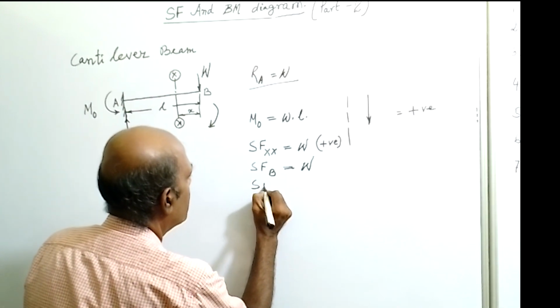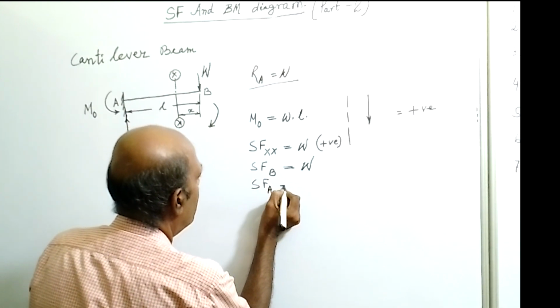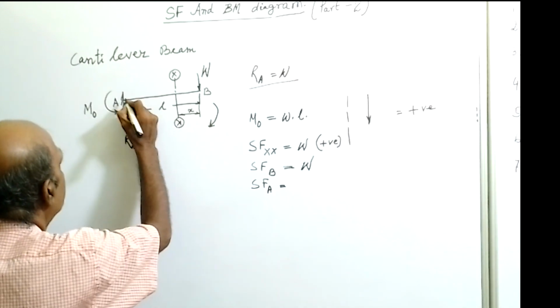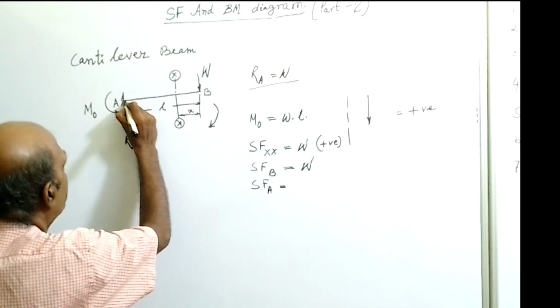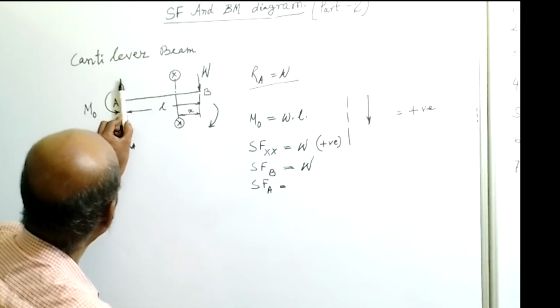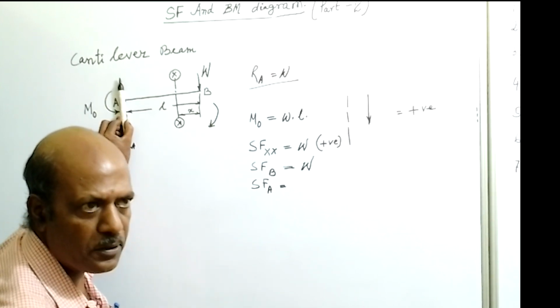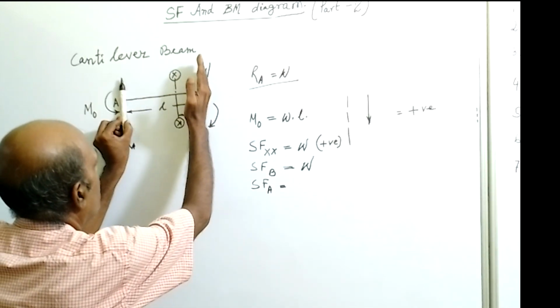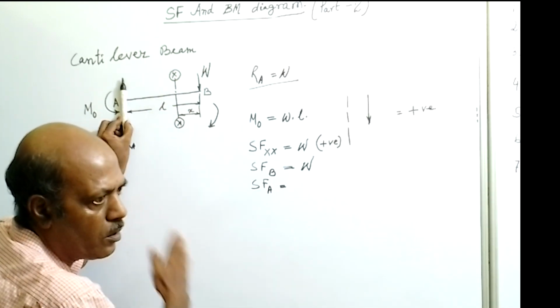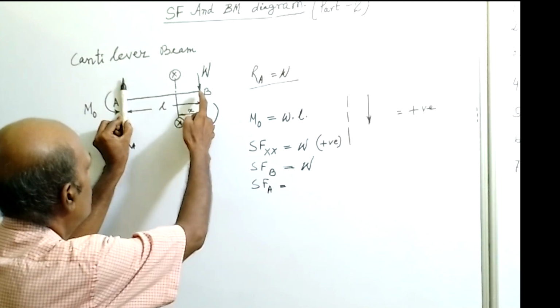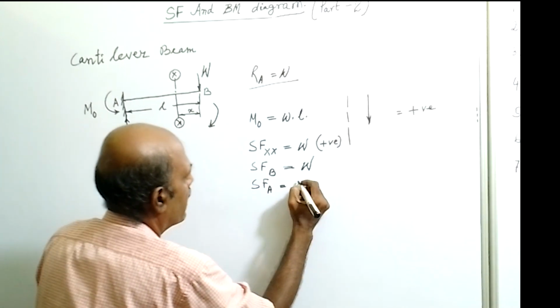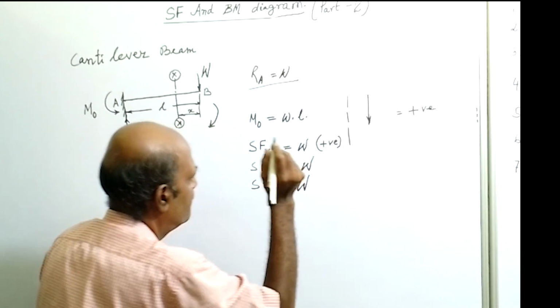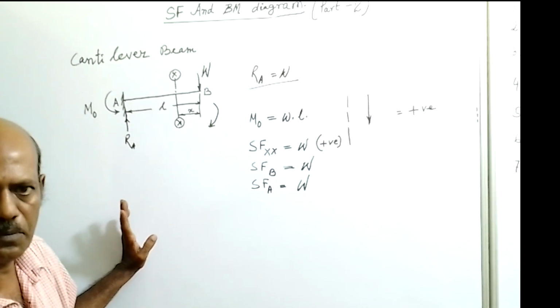Now slide the section to point A, so we will get the shear force at point A. Point A means one point right of point A. What is the total vertically downward load on the right side of the section? That is also W, and it is also positive.